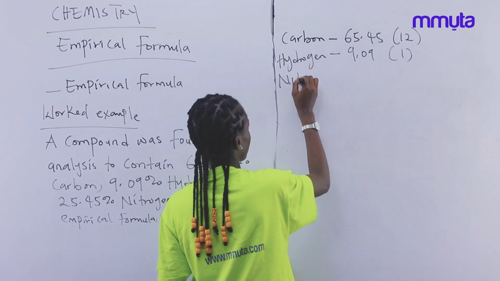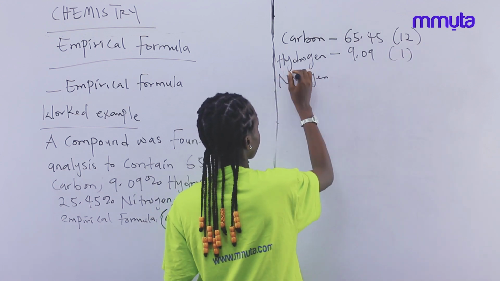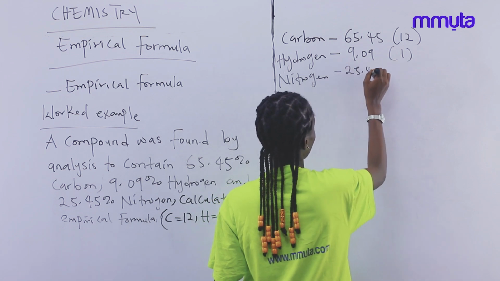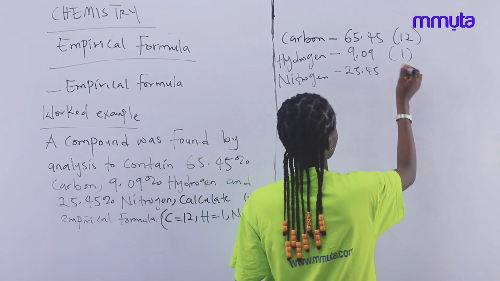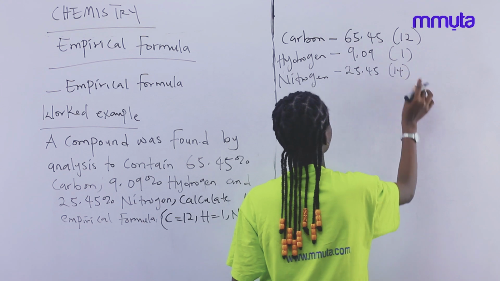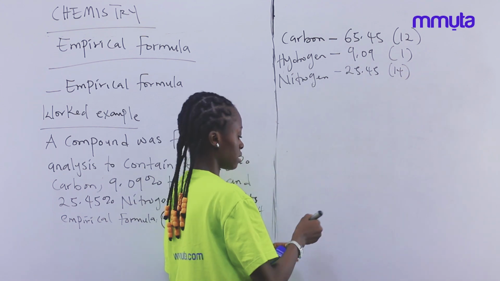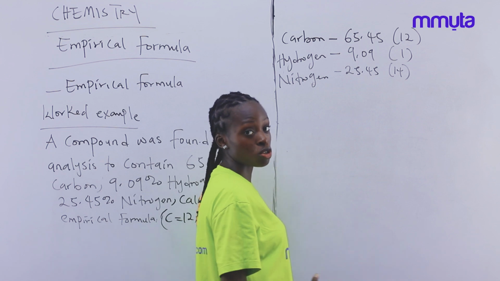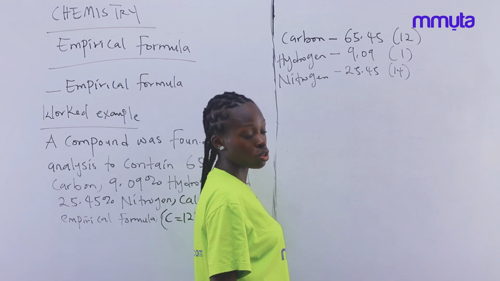And for nitrogen, it is 25.45 and the relative atomic mass is 14. After doing this, the next thing we need to do is arrange it in this order so it will be simplified when we're solving.